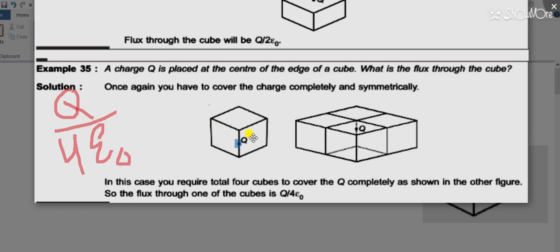The electric field due to this charge will be in this direction, and the area vector of this face will be along this direction, and they make a 90-degree angle. In a similar way, the area vector of this face will be in this direction, and the electric field due to this positive charge will be along this direction, and this will also make a 90-degree angle.